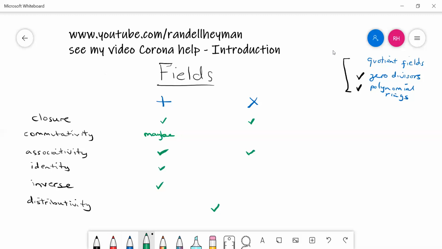I've put it in the middle because, remember, that's a combination of the interactions between addition and multiplication. So we said things like, if you have A times (B plus C), it must equal A dot B plus A dot C. And if you have (A plus B) dot C, it must equal A dot C plus B dot C. So I've put it down the bottom because it incorporates both multiplication and addition.